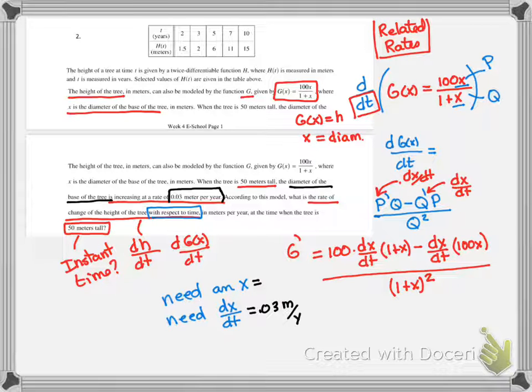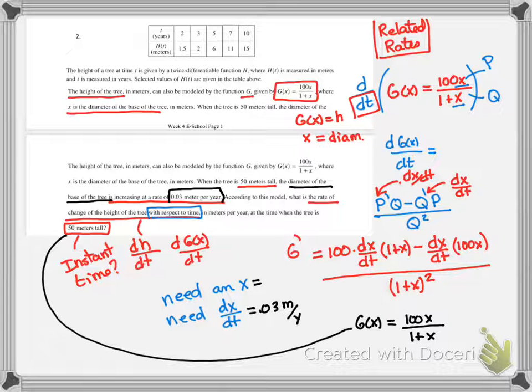But the x is not obvious. They told me height is 50. So if I go back and look at this base equation, g of x equals 100x over 1 plus x, and use that 50 where it would go, now I have an equation that will give me x.